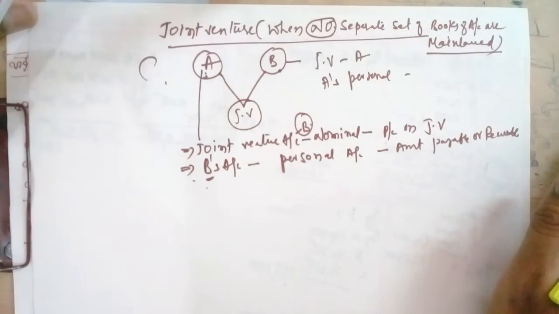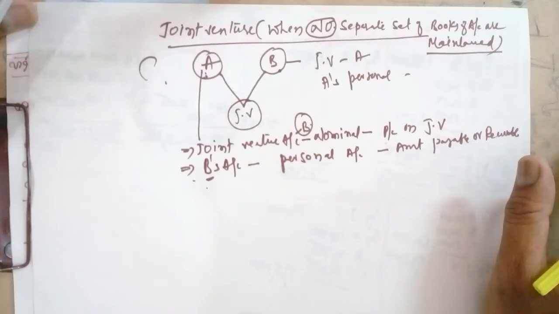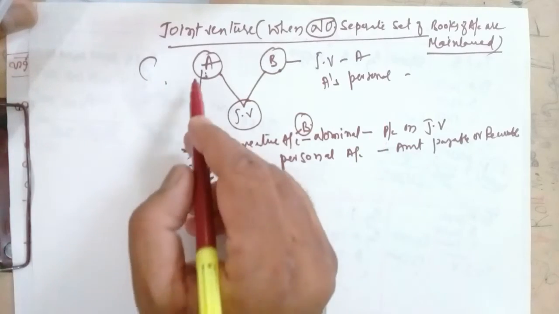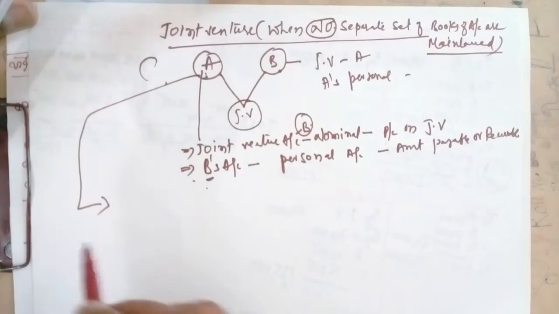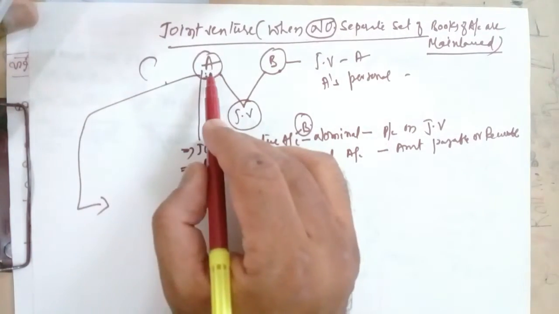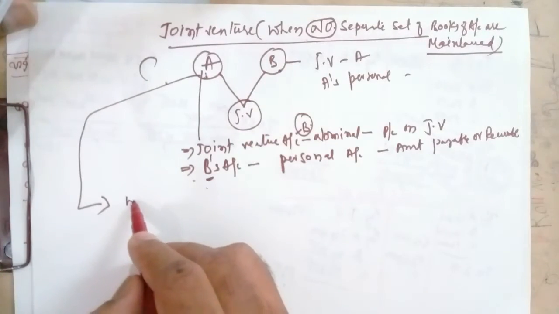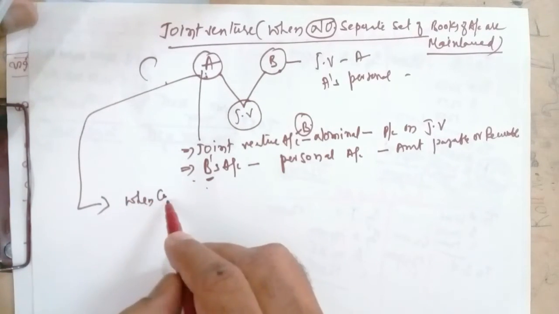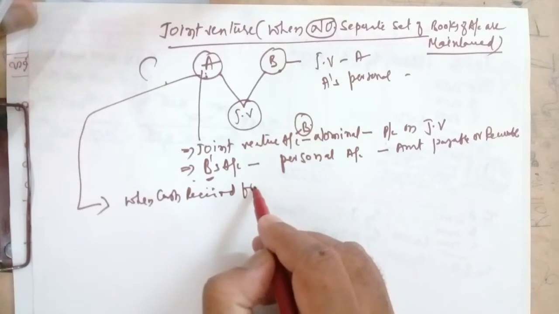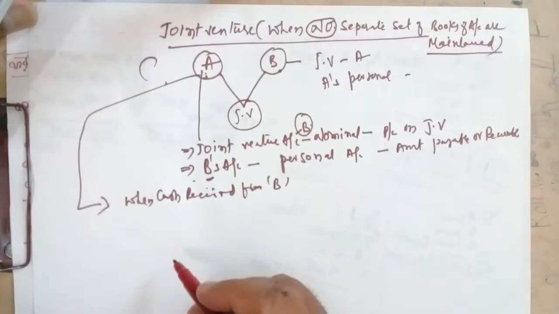Clear? Now, what kind of journal entries are passed? Basically, remember that while passing journal entries we must understand in whose books we are passing them. Presume that we are passing the journal entries in the books of A as an example. What will happen when cash is received from the co-venturer B?